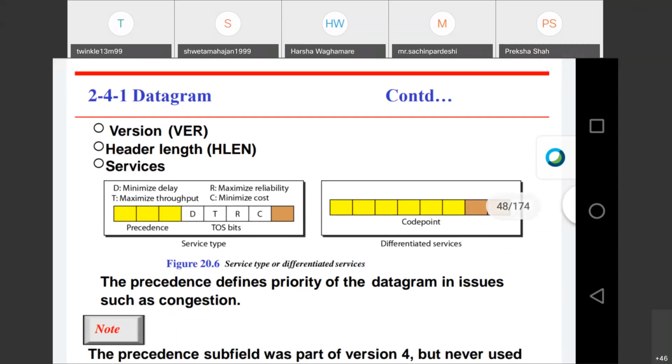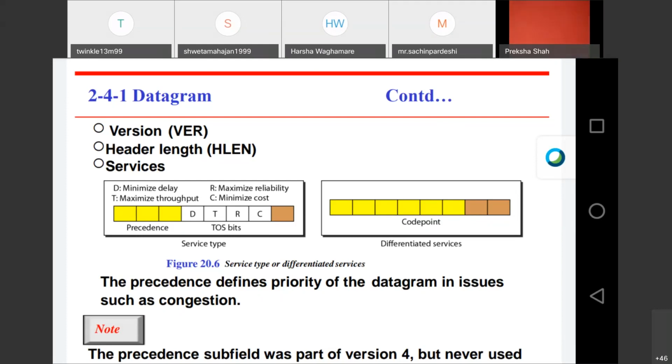Out of these 8 bits, the first 3 bits are precedence and the remaining bits provide the type of service. D stands for minimize delay, T is for maximize throughput, R is maximize reliability, and C is minimize cost.